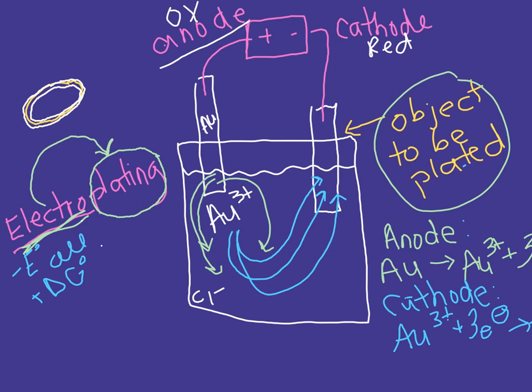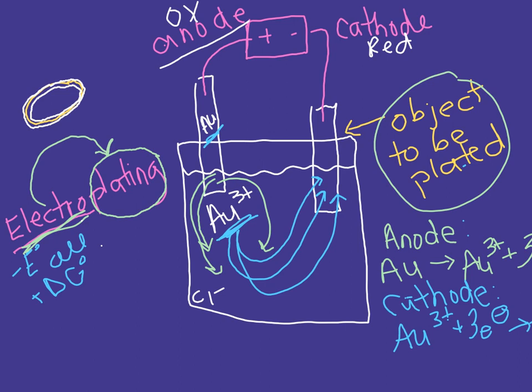But the reason why you want it to be Au3+ here and Au here is that then the concentration of the solution stays constant, which means you get a really nice coating on the outside and you can control the layer.